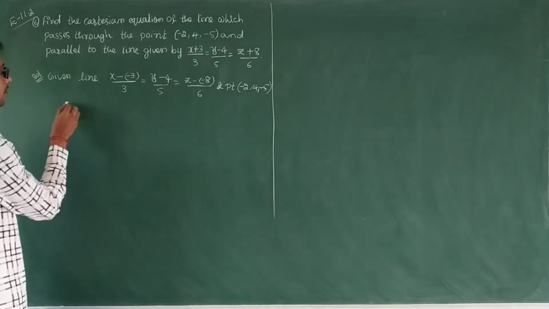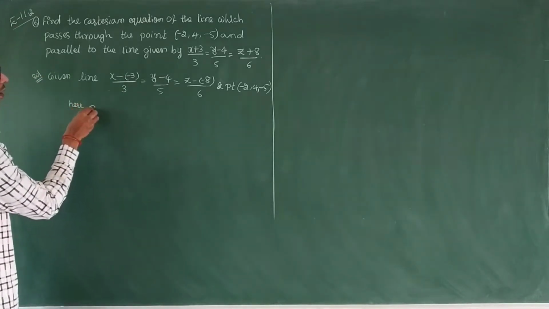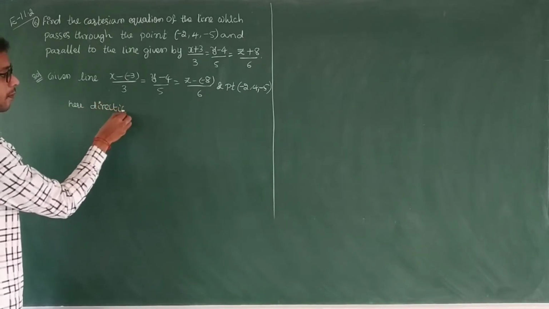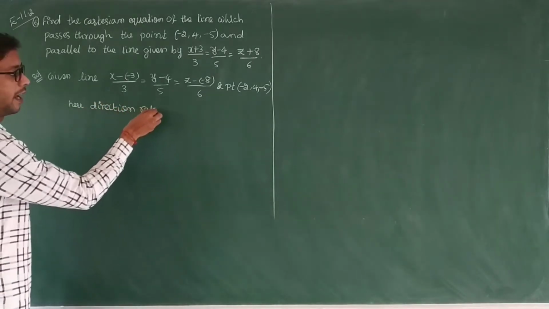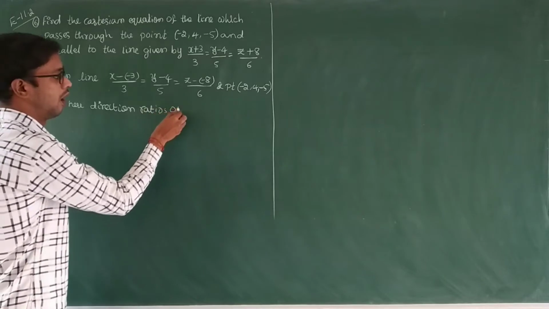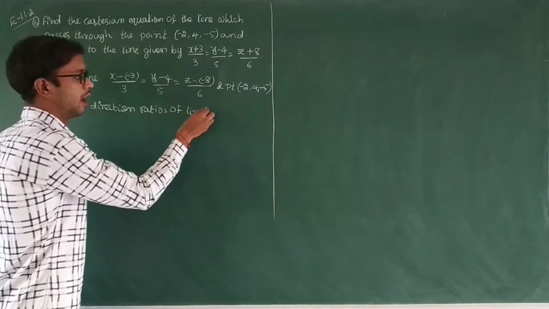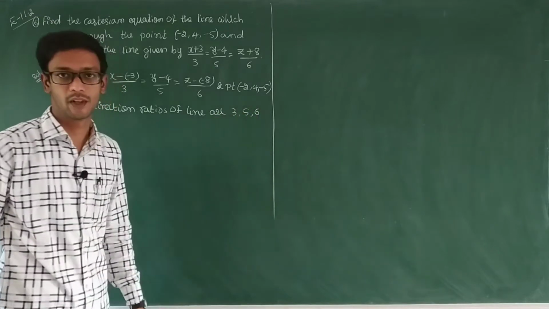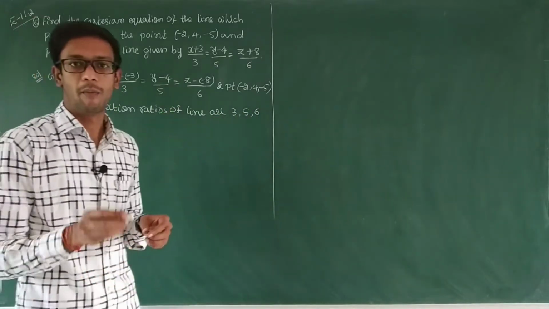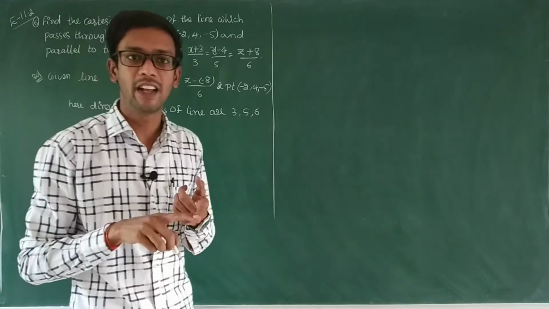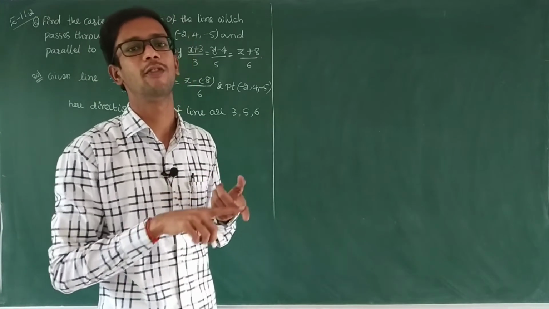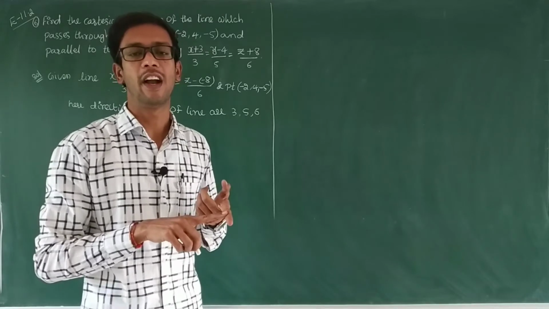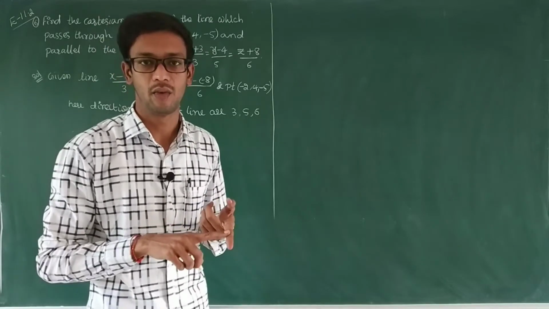Here the direction ratios of the line are 3, 5, 6. You observe, the line passes through the given point and is parallel to the given vector, so we can find the Cartesian equation.